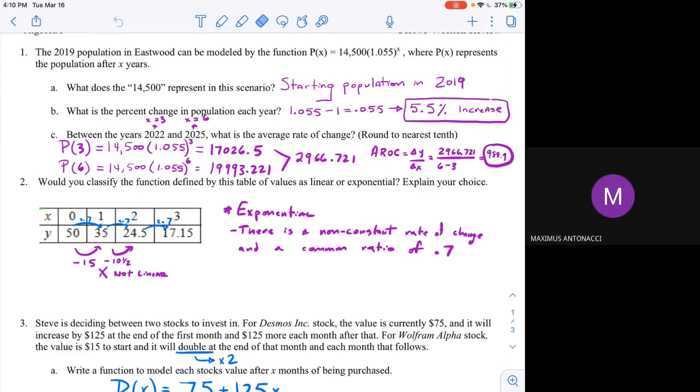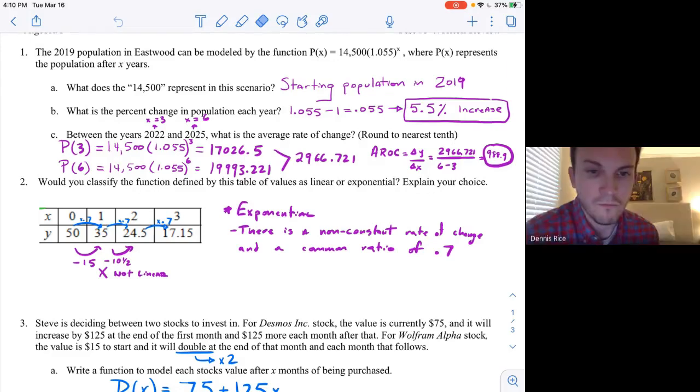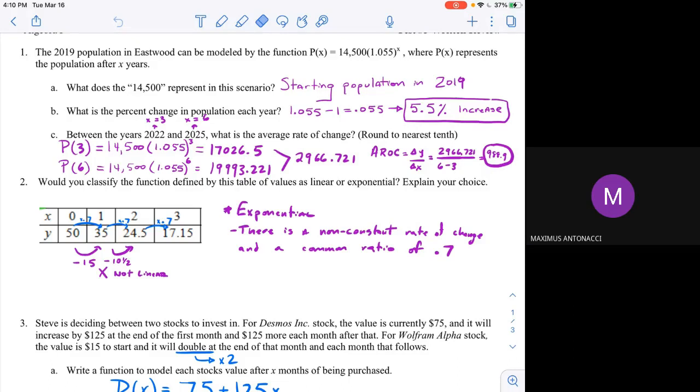Okay, and for number 2, you wrote as an extra thing, there is a non-consistent rate of change and a common ratio of 0.7. If we have to make an explanation like that on the test tomorrow, will we have to write that out?